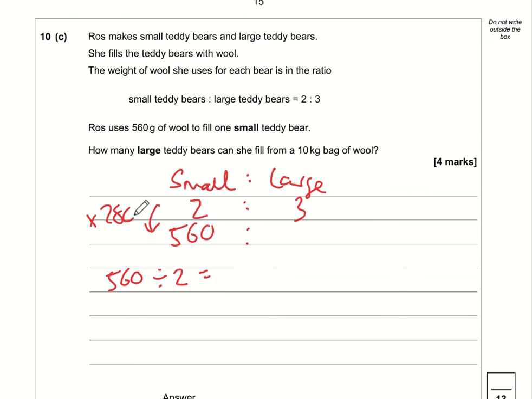So we're boosting this ratio by 280. Therefore, I need to multiply the 3 by 280, and I get 840. So there's 840 grams of wool for the large teddy bear. Let me just write that down. 840 grams for large teddy bear.